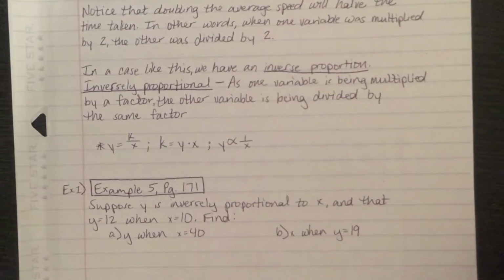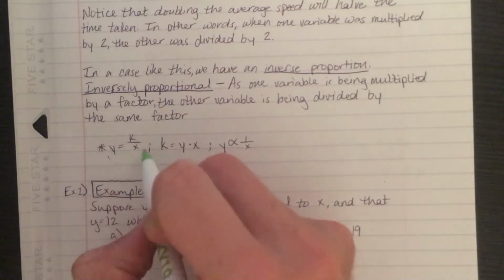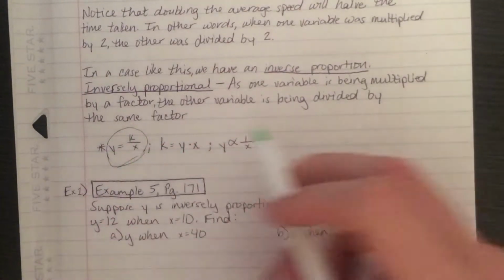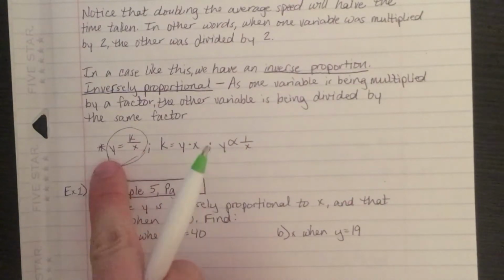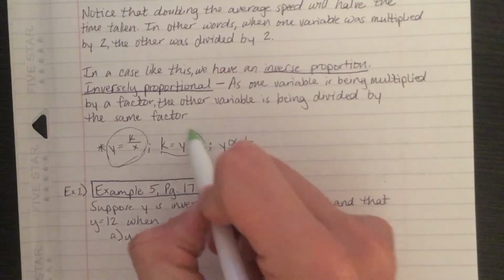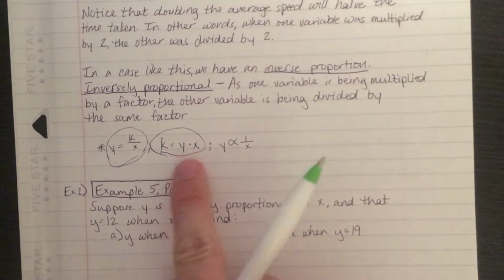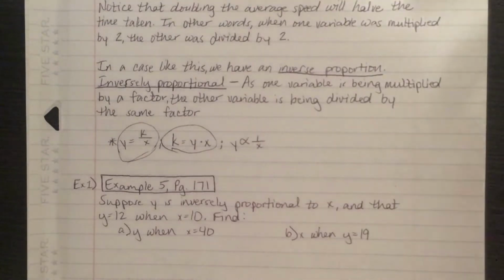Now, there's a couple of ways here to denote inversely proportional. So you can see this equation right here where it's y equals k over x. And if you solve for k here, if you multiply x over, that means that this equation right here is also correct. It makes sense that if you multiply and divide by something, that'll give you that original something.